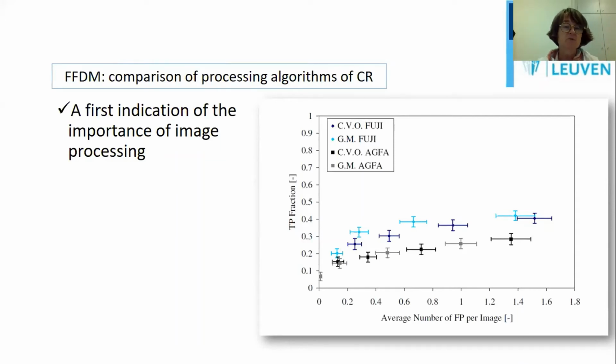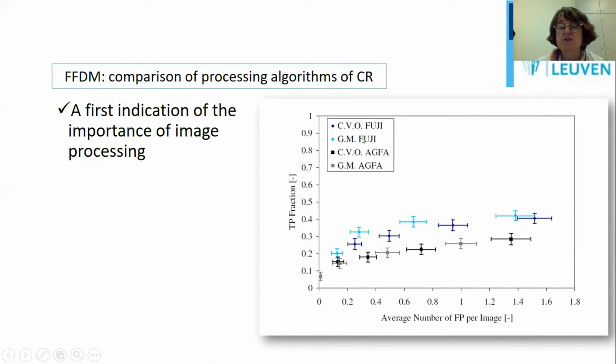By the way, these were the early times of digital mammography, where digital mammograms were still printed, and the readers basically marked on an overlay paper where they had seen the calcification. The nice result is shown here.